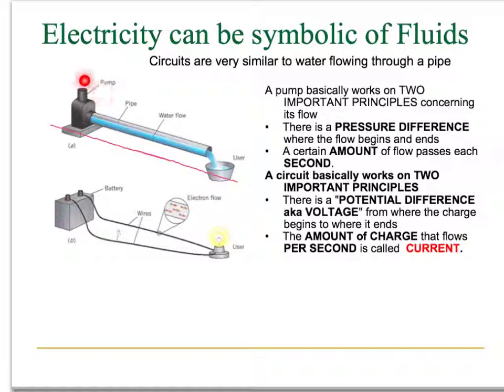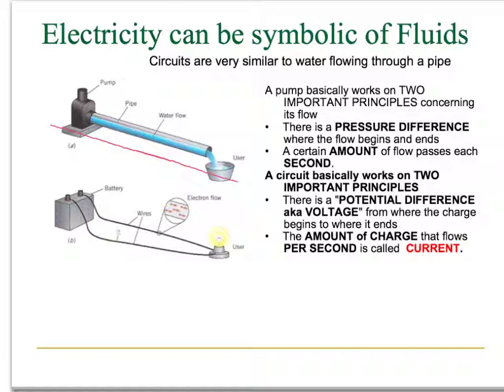if we are to look into this water, the pump creates the pressure. The battery actually is also doing the same as what the pump is doing. In this case, instead of a pressure, we are creating a potential difference.